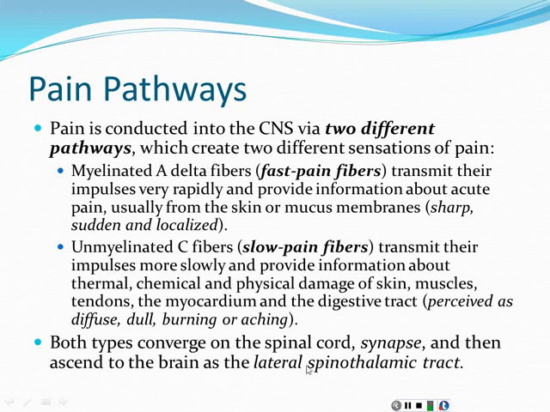After that synapse, that information goes up to the brain on each side of the spinal cord, so left and right, through the lateral spinothalamic tract. It's called that because it goes from the spinal cord to the thalamus. And the thalamus for the brain is sort of the intelligent switchboard.